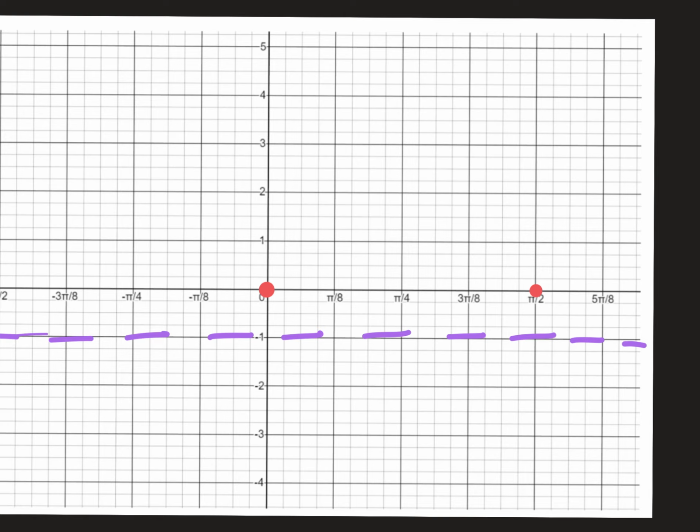So halfway between 0 and pi over 2, if you need to just count lines, halfway between 0 and pi over 2 is pi over 4. We're going to be at our lowest point. And then anytime we're between the high and the low point, we have an asymptote. So halfway between a high and a low point, we have an asymptote. I'll make that a little bit thicker.